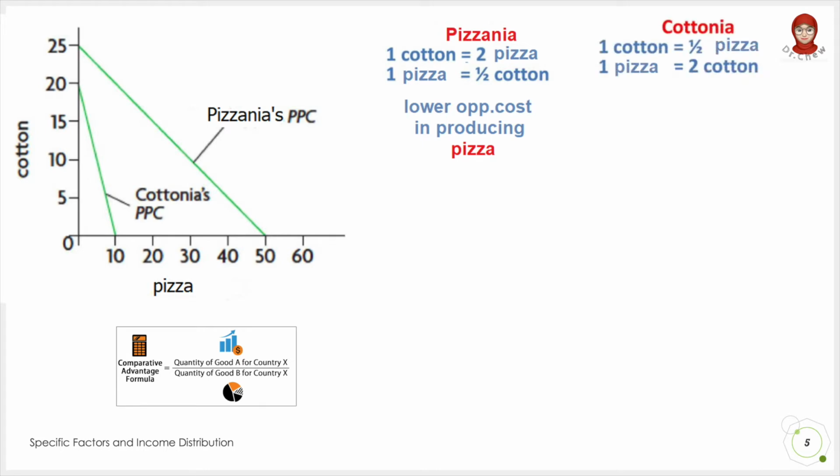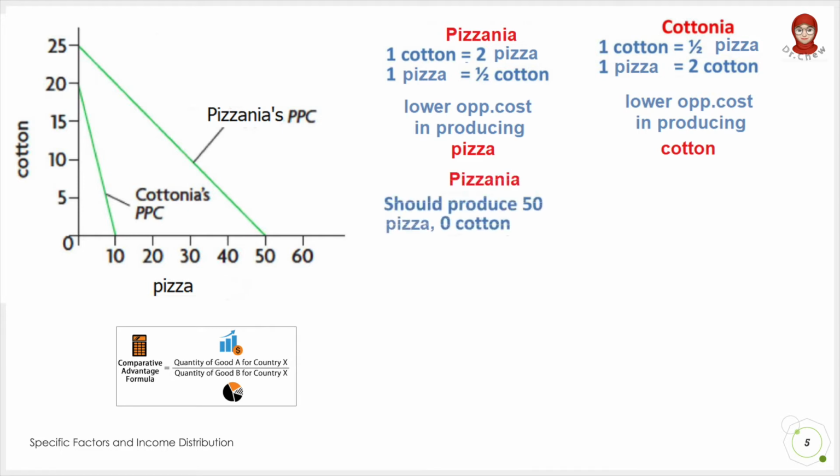In Cotonia, the opportunity cost to produce one cotton is to give up half a pizza, whereas the opportunity cost to produce one pizza is to give up two cotton. So, Cotonia has the lower opportunity cost in producing cotton.